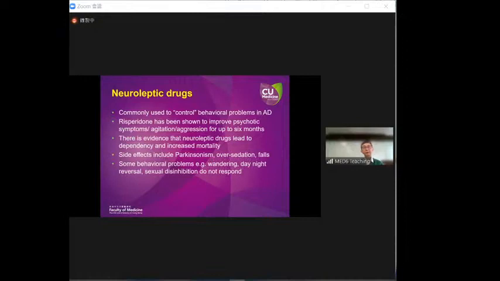They also put patients at risk because of Parkinsonian dysphagia, and at risk of pneumonia. So overall, there's an increased risk of mortality with neuroleptic drugs. That's why I try to use them as sparingly as possible, not unless it's really necessary. And some behavioral problems, like wandering and day-night reversal, do not respond to neuroleptic drugs.